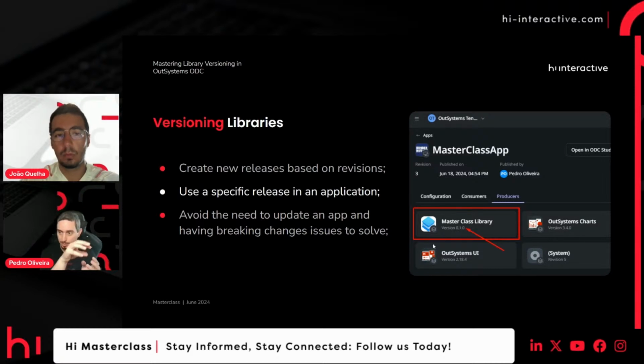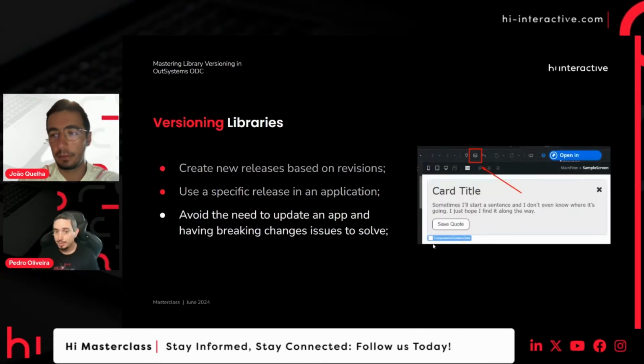When I create an application using the latest release of a library, this version of the library is going to be stored inside a container. And I can have another application on its own container using a different version of the library. They can coexist in production because they are not going to communicate with each other. They can coexist and work as expected.